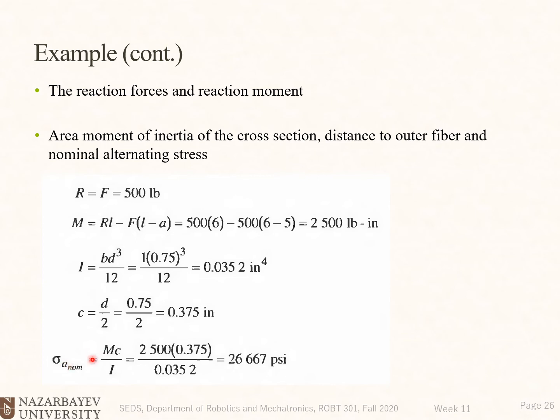Why do we call it nominal? Because it's purely based on the formula and we haven't applied any stress concentration factors so far. We have M, C and I, we plug them into the formula and we calculate sigma A nominal.